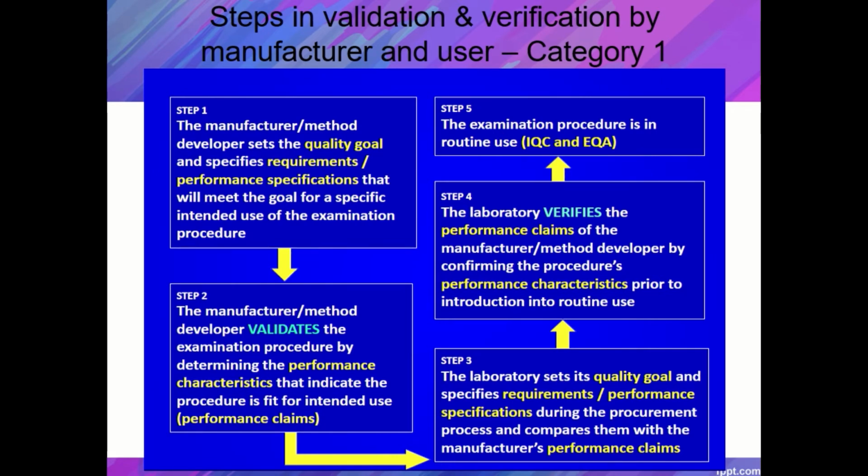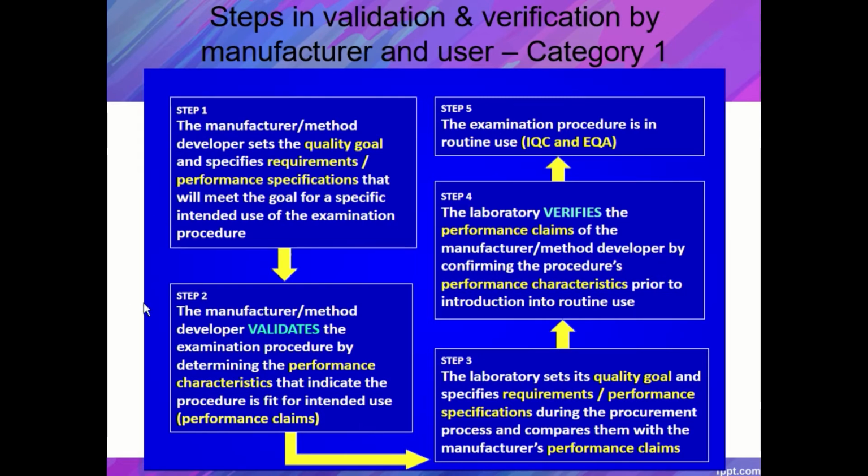Okay, this diagram shows the steps in validation and verification by manufacturer and user. So for a category 1 test, first the manufacturer or method developer sets the quality goal and specific requirements or performance specifications that will meet the goal for a specific intended use of the examination procedure.